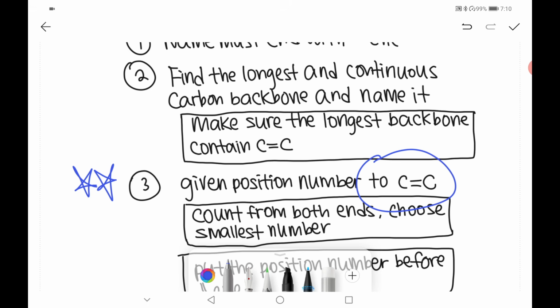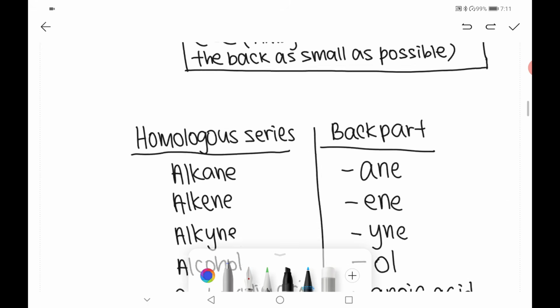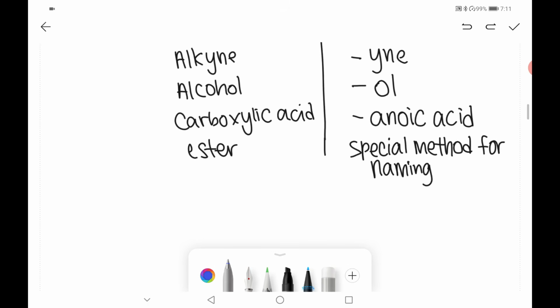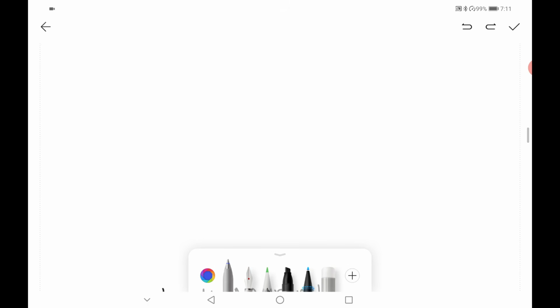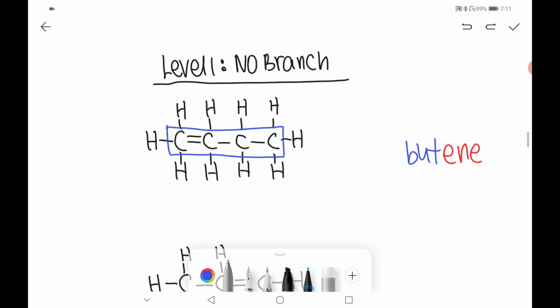You must tell people where the double bond is. Now I'll show you how to get the location for the double bond. We will count from 2 directions. Let's try to count from left to the right. This is carbon number 1, this is carbon number 2, this is carbon number 3, this is carbon number 4.